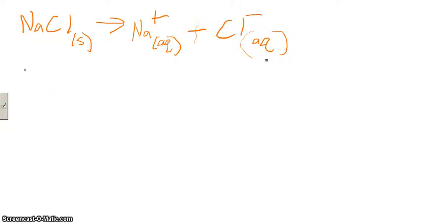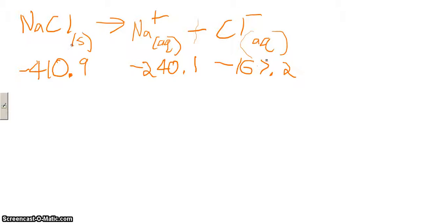NaCl is negative 410.9 kilojoules. Na plus is negative 240.1 kilojoules. And Cl minus is negative 167.2 kilojoules.